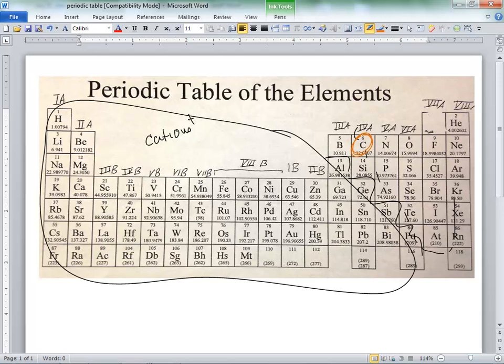First, was it negative or positive? It was negative because it's a nonmetal. C negative, how do we figure this out? C negative 4. Could we just count it over everybody to the nobles? That's 4. So C negative 4.